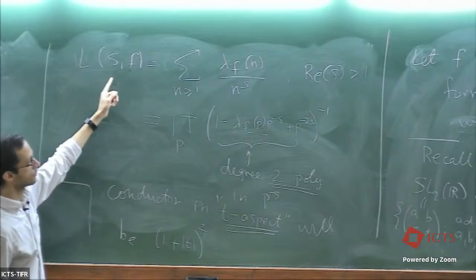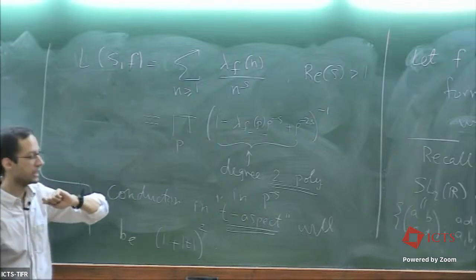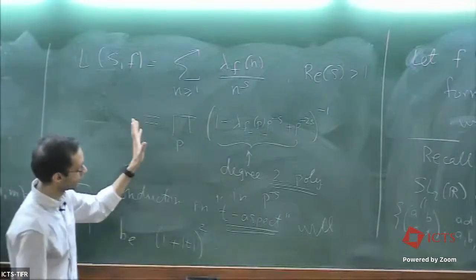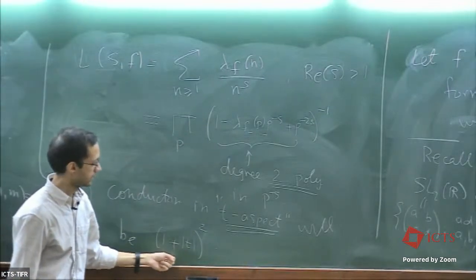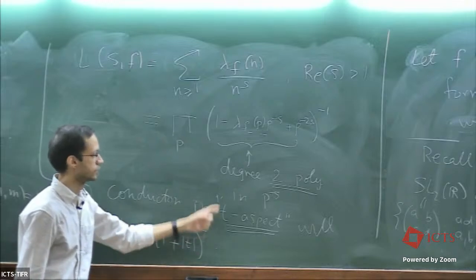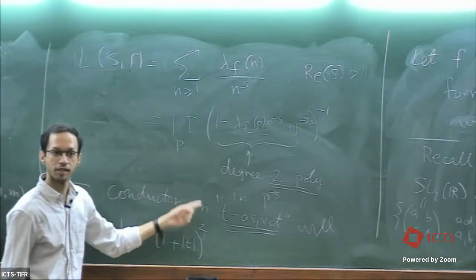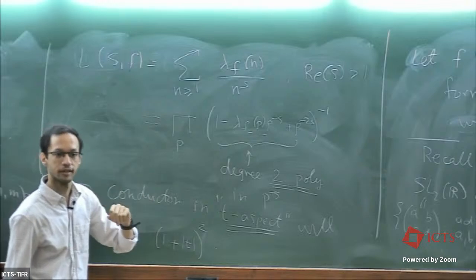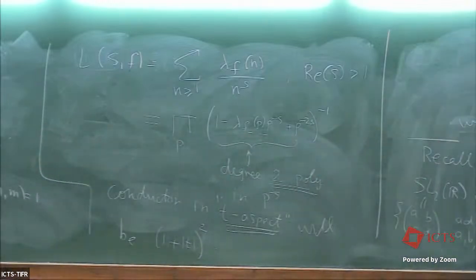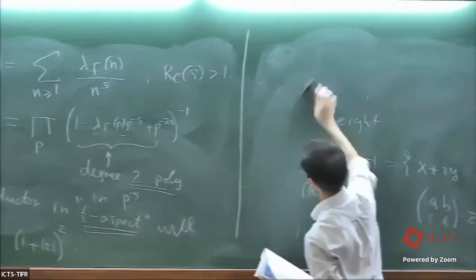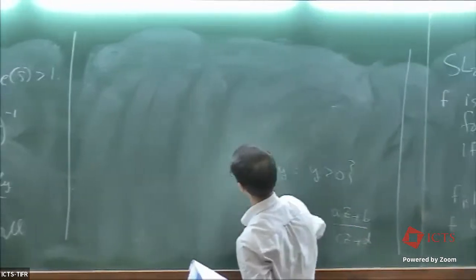And then I want to see what the rate of growth is. The rate of growth will be captured in terms of the conductor, and the conductor is going to capture the degree of this L function. It's going to be 1 plus t squared. And the convexity bound now is going to be, again, the fourth root of the conductor.